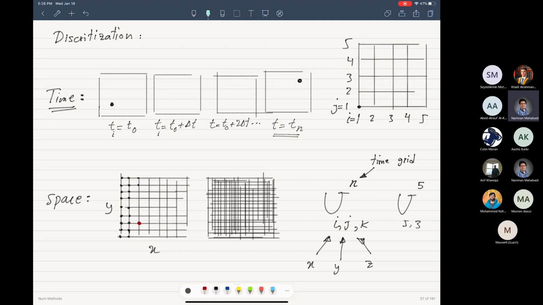Well, we're talking about this is 5 for x, right? And for y, this is 3. So we are really talking about this point. And by this representation, you can basically point out your pointer, or let's say you can march on your grid using this representation, right? In time and in space.